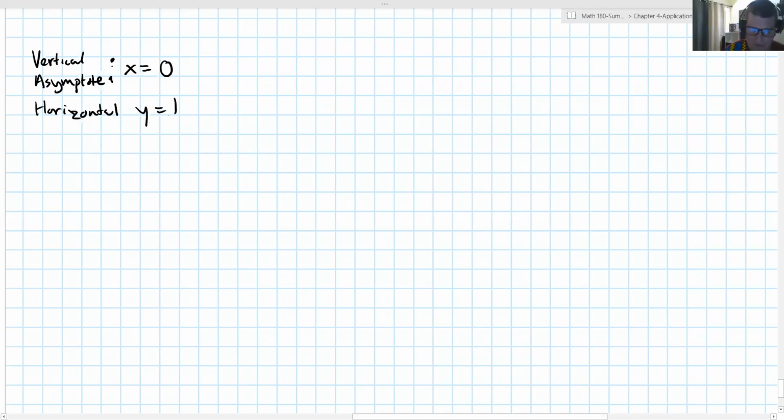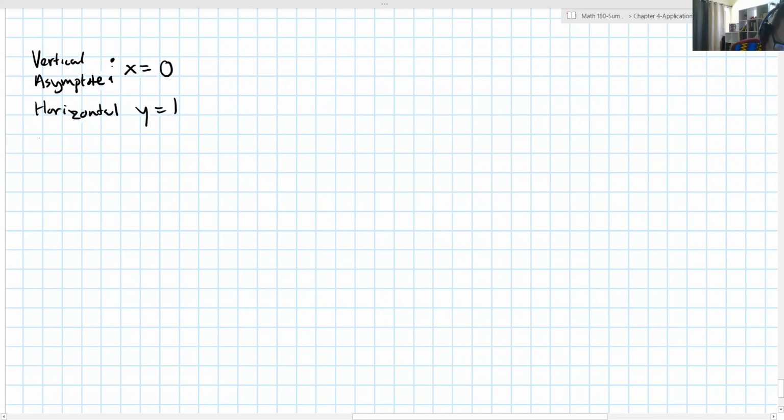And I'm going to put my information here, okay? So I'm going to put a vertical asymptote at x equal to 0. Horizontal asymptote at y equal to 1. So that's going to end up being my end behavior.